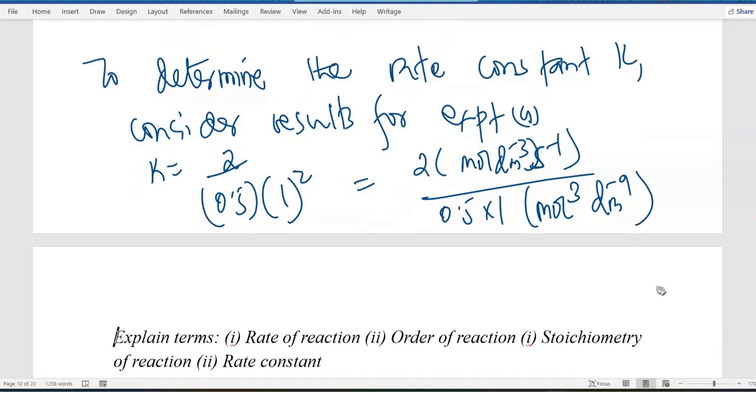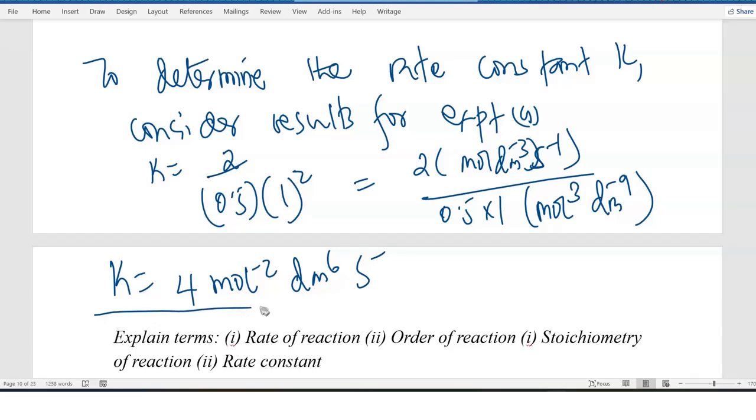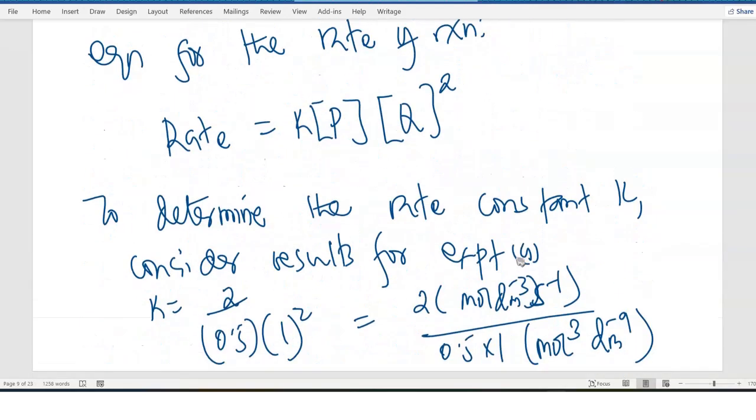So K will therefore equal 4 per mole squared, decimeter to power 6, obviously, because this would be 9 minus 3, which would give you 6, and then per second. So that is it.